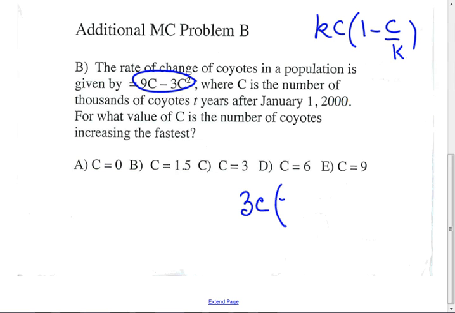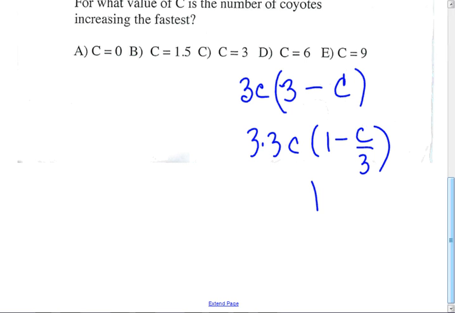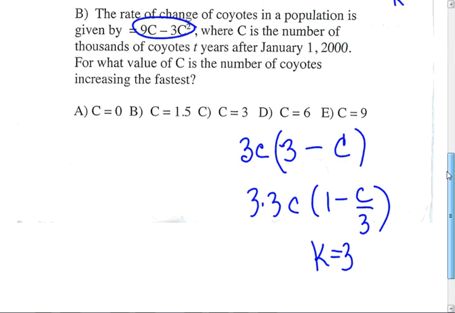I'm left with, or do I want to factor out 9? Then I'm left with 3 minus C. I want a 1 there. So let's factor out another 3. 1 minus C over 3. So what's k? But that's not what it's asking. I want the number of coyotes where it's fastest. Half of it. 1.5. Did I do that right?